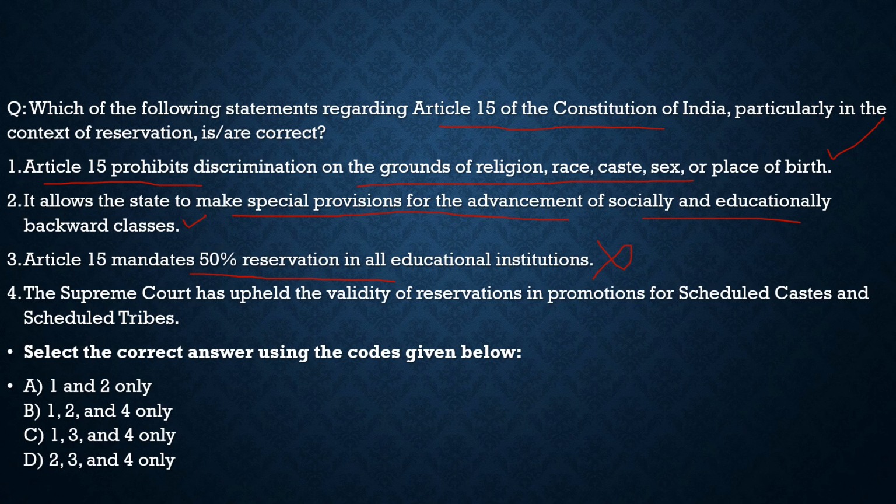It was the Indira Sawhney case judgment where this 50% limit was given by the Supreme Court. So statement 3 is also incorrect. Coming to statement 4, it says the Supreme Court has upheld the validity of reservation in promotions of scheduled castes and scheduled tribes, 100% correct. So the correct answers are option 1, option 2 and option 4, and from the code given below, the correct code is option B.